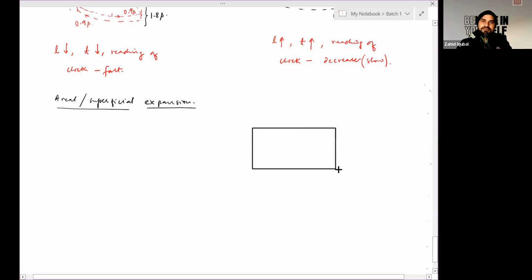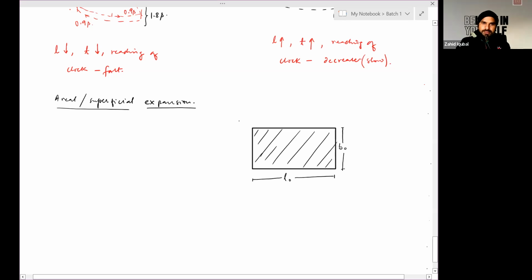Suppose a rectangular block has initially length L0 and breadth B0.